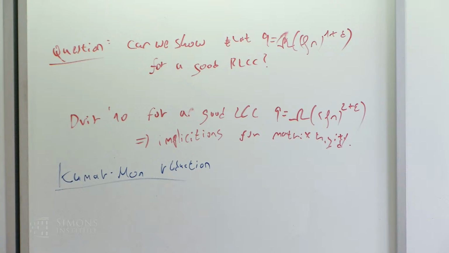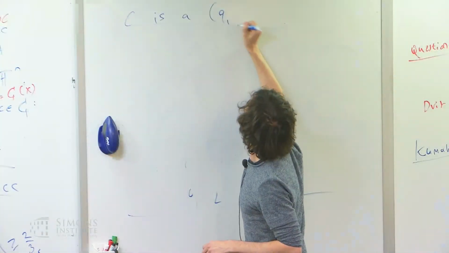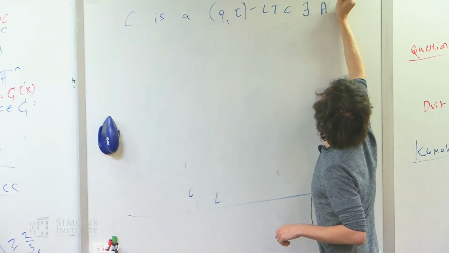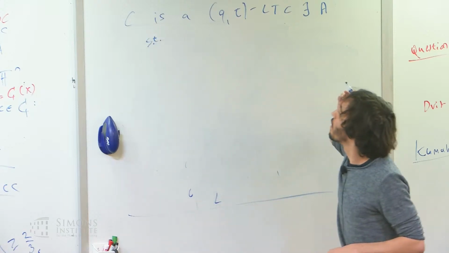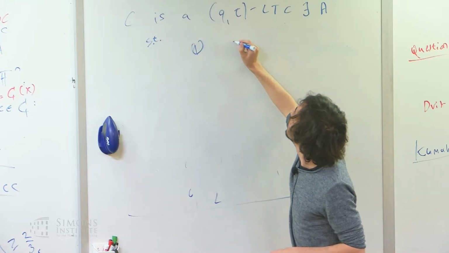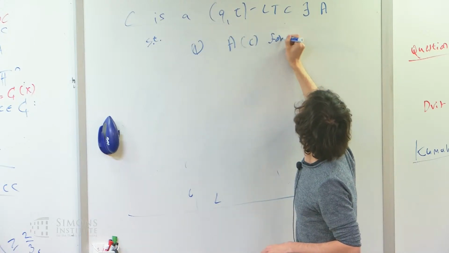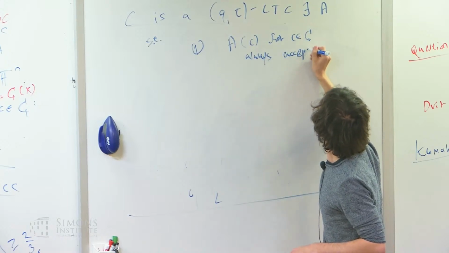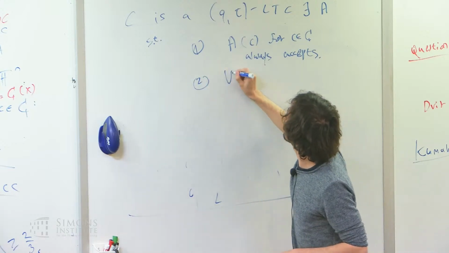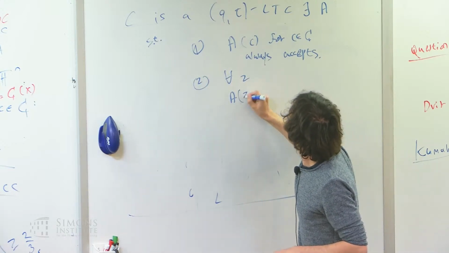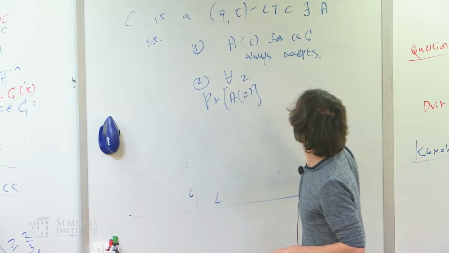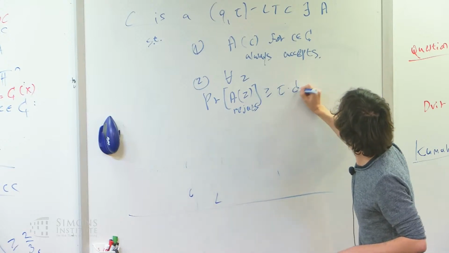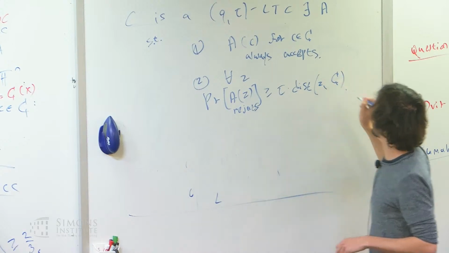Okay, so we say that C is a (Q, tau)-LTC if there is some procedure A that satisfies two requirements. One is that A on c in C always accepts. And for a string Z, A rejects with a probability that is proportional, with factor tau, to the distance of Z from the code.